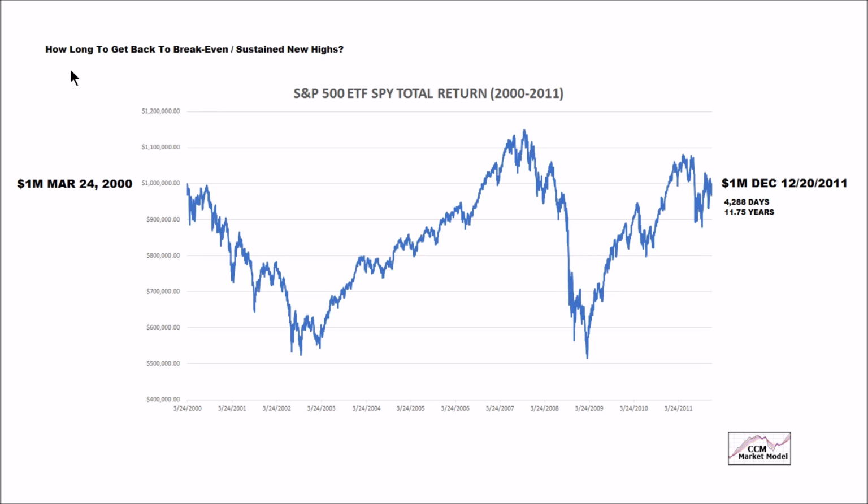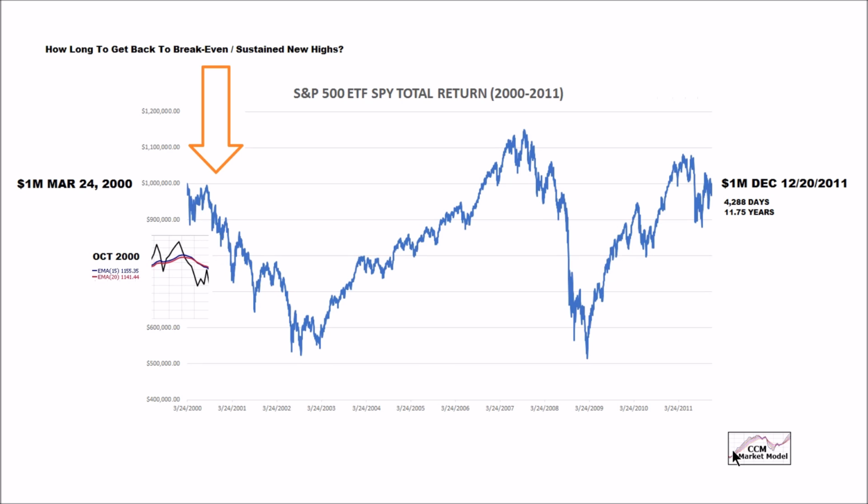The answer to the question, how long to get back to break even or sustained new highs? We made a new high here, but it was not sustained. The answer is 11.75 years. The miracle of compounding can work for us, and it can also work against us.